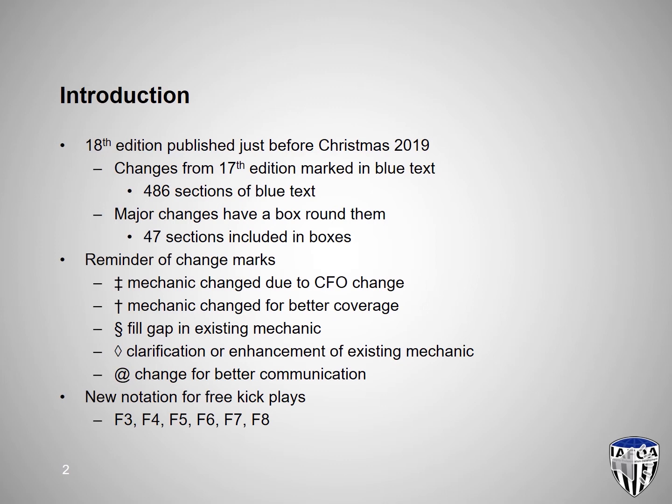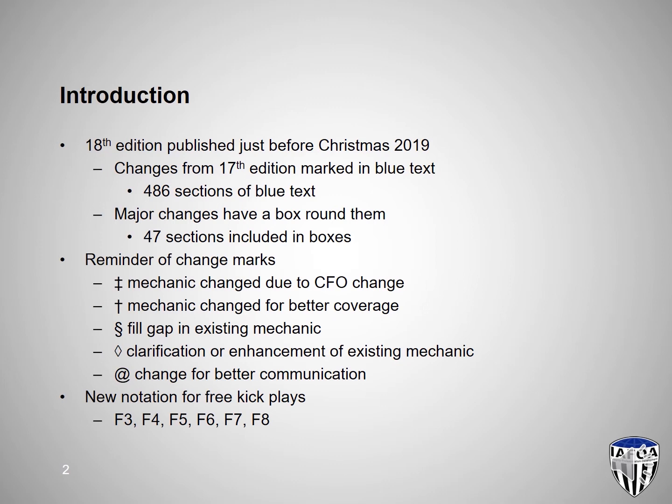Just a reminder that nearly all the changes have a little symbol after them that describes why the change was made. If you see a double dagger, that's because CFO changed something or we've changed something to bring us into line with CFO. Single dagger means we've changed it because we think we can improve the coverage.